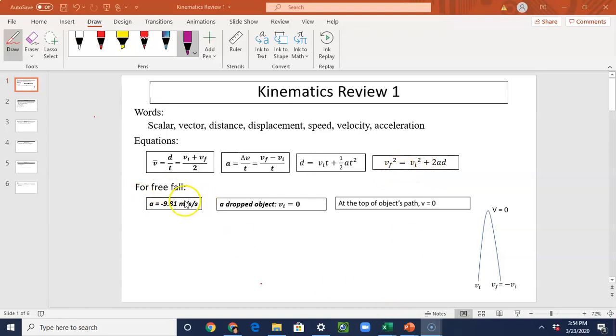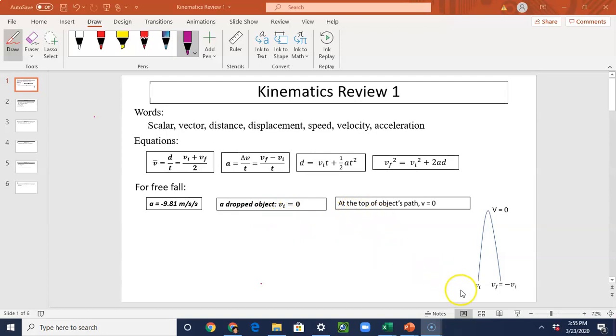Free fall is a special situation for constant acceleration. So for free fall, acceleration is negative 9.81 meters per second squared. This negative does not mean acceleration is less than 0. It means acceleration is downward. So there are special cases: for a dropped object, initial velocity equals 0.